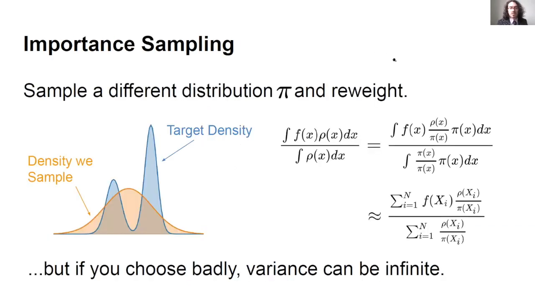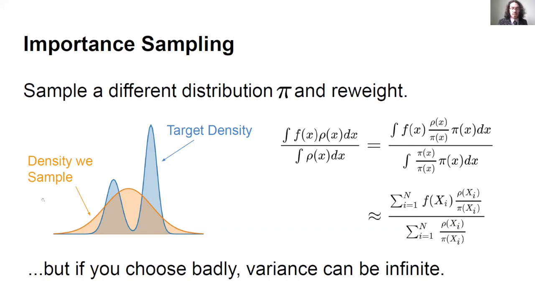So one of the earliest approaches to addressing this is importance sampling. The idea behind importance sampling is, okay, our old density is hard to sample, so we're just going to throw down a new density that is easier to sample but covers the same space.